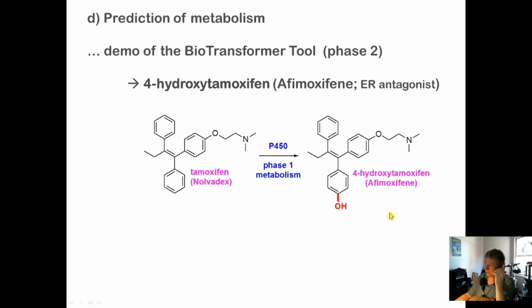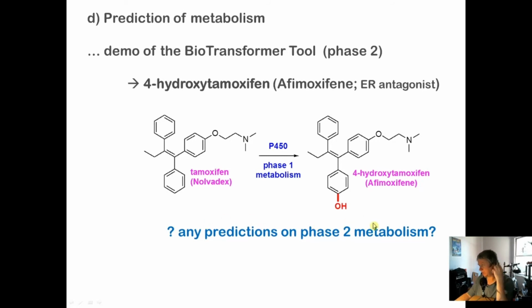Okay, so given this molecule, any predictions on phase 2 metabolism that you can think of? So phase 2 metabolism usually attaches something, and I guess almost always to a nucleophilic atom in a molecule. Well, now that we have a hydroxy group on the drug, on this active metabolite, that might be a possibility.